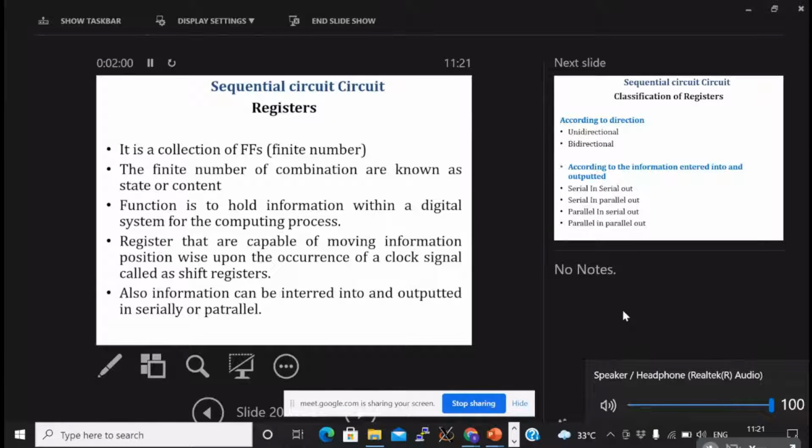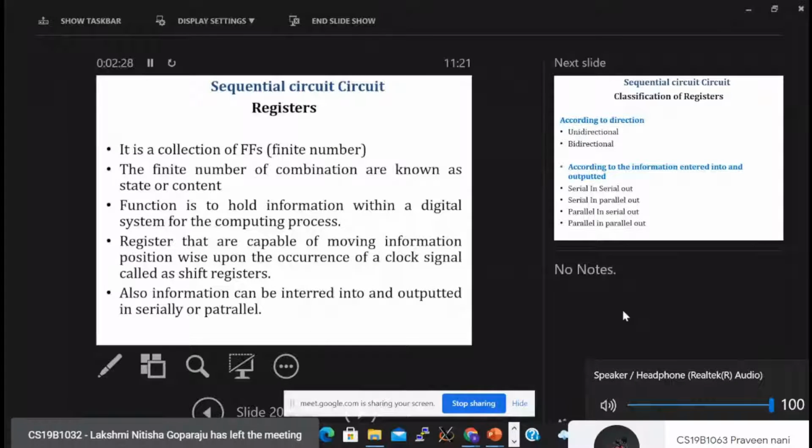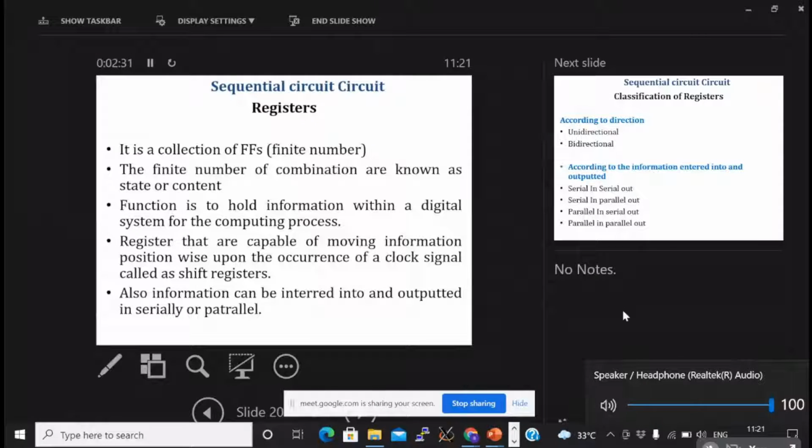We have two ways to enter the input and take the output. Because multiple bits are involved, and those bits are positional, like LSB to MSB, the information we enter into the register can be in serial form or parallel form.